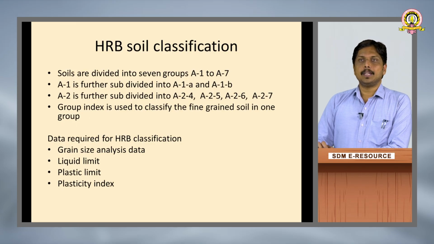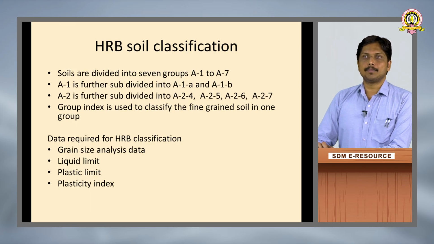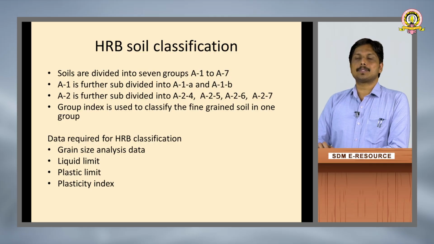As I told you, in the HRB classification method, we are classifying the soil into 7 groups starting from A1 to A7, and A1 here is further classified into 2 subgroups, that is A1-a and A1-b, and A2 into 4 groups, that is A2-4, A2-5, A2-6 and A2-7.